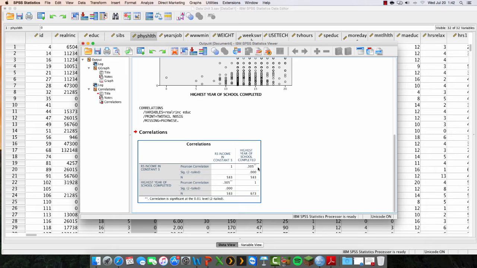Now, is it a statistically significant correlation? A test of statistical significance in this case is to find out whether or not we have an alpha level or a p-value, which is another name for it. You may hear alpha level, you may hear p-value, you may hear two-tailed significance, which is what it says in this case.